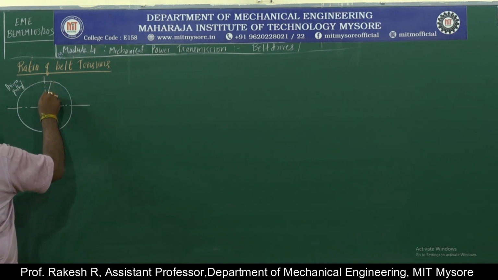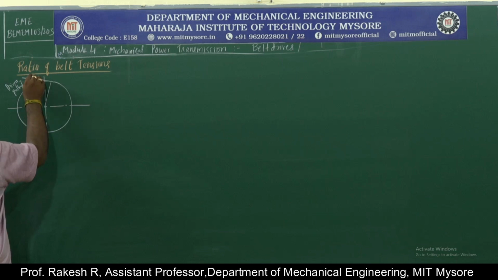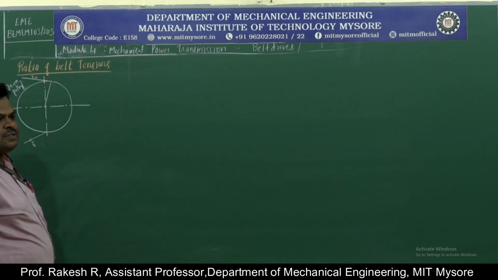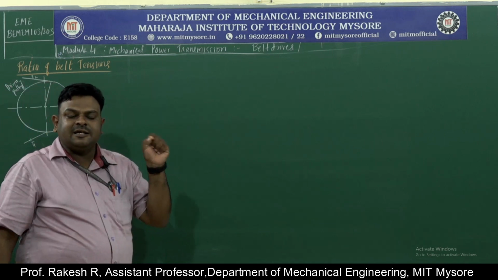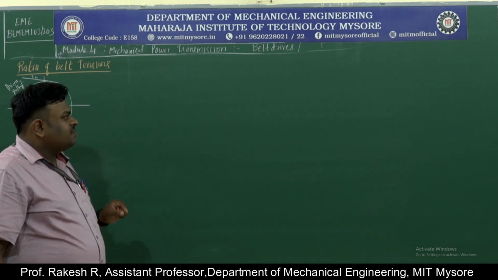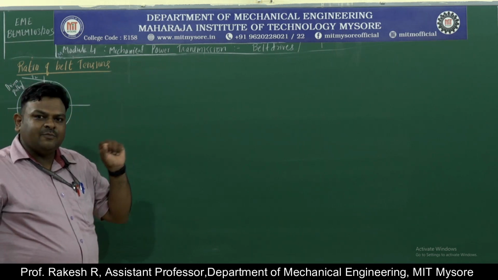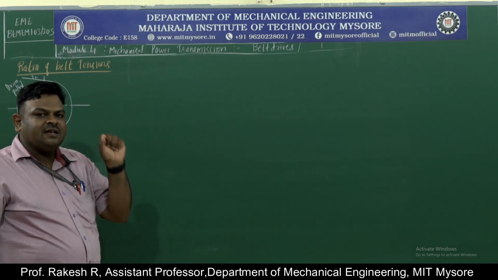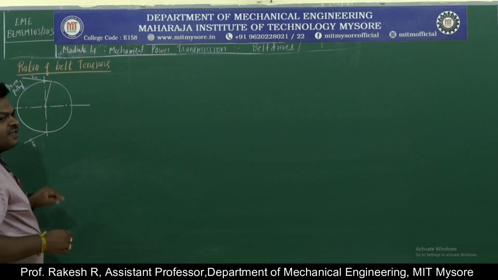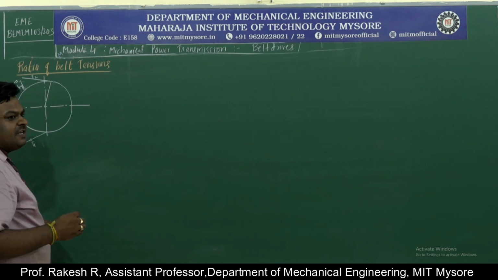Again, what we have seen, this is T2 and this is T1, where T1 is the tension in the tight side, T2 is the tension in the slack side. Tight side means it is having more tension, slack side means it is having less tension. Then I will be considering a point at which the force is acting.